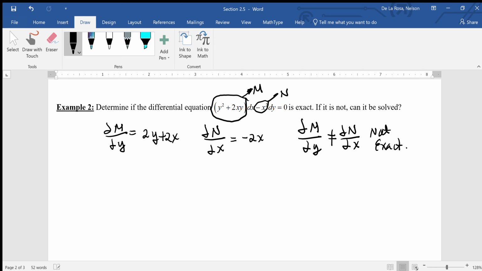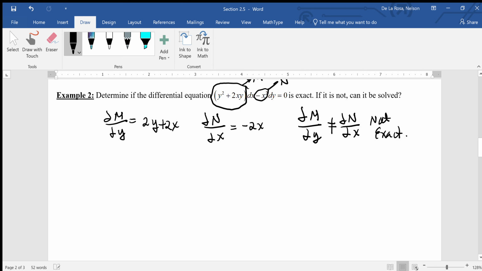So what to do then? Well, we're going to try to find an integrating factor, and if we can find the integrating factor, then we can solve the equation.